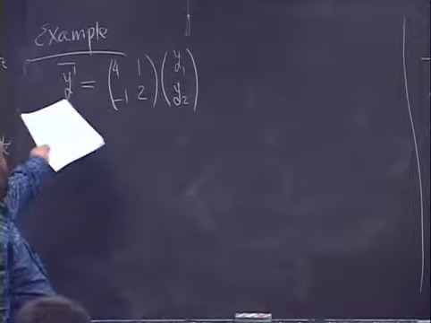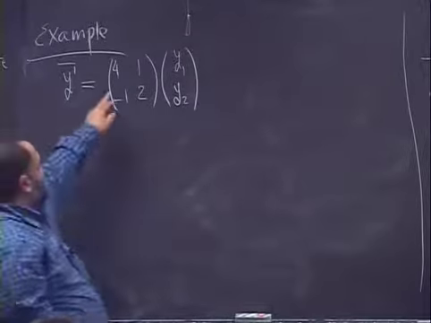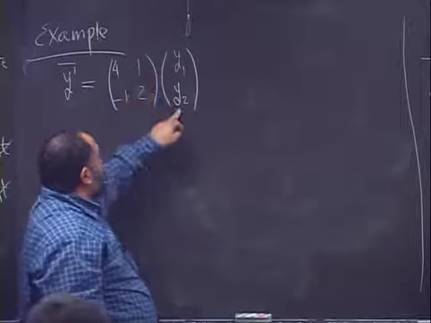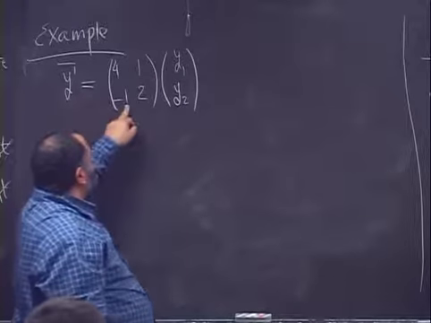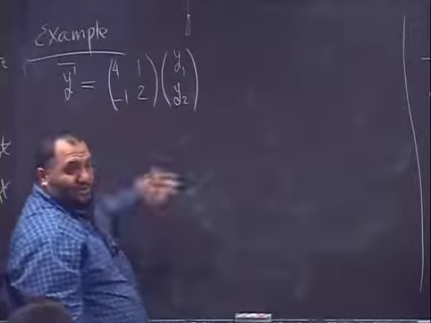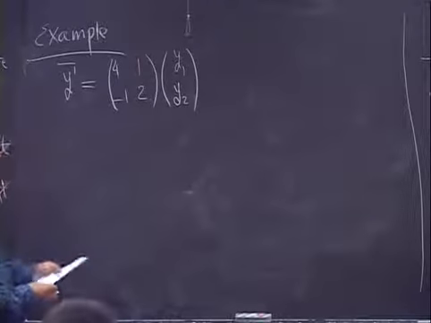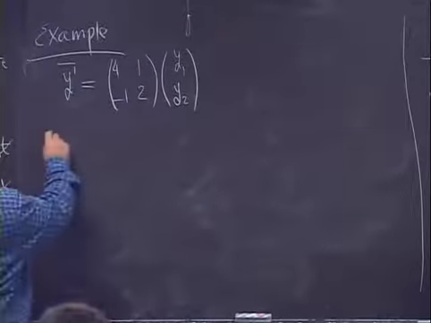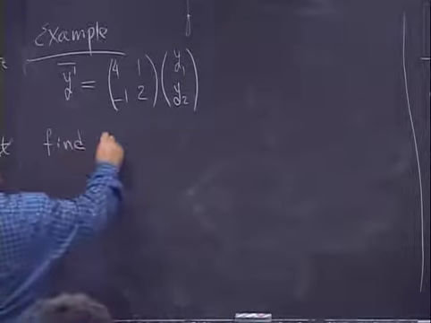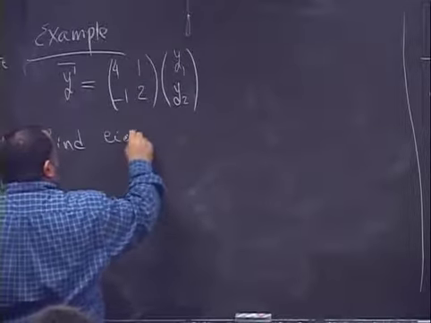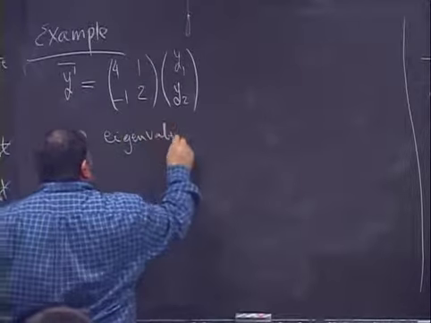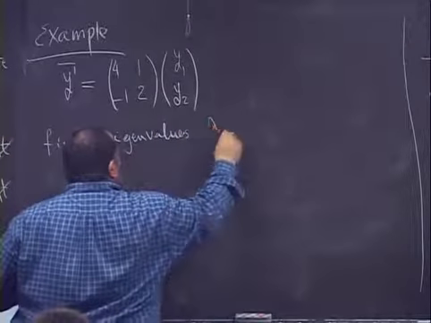Okay? y1 prime equal to 4y1 plus y2 and y2 prime equal to minus y1 plus 2y2. So we will find the eigen what? Eigenvalues, which is lambda i.